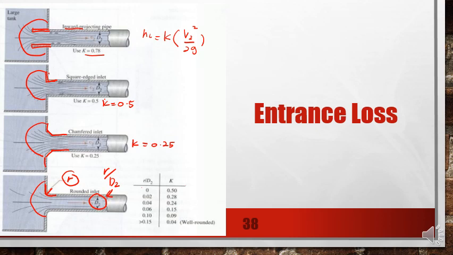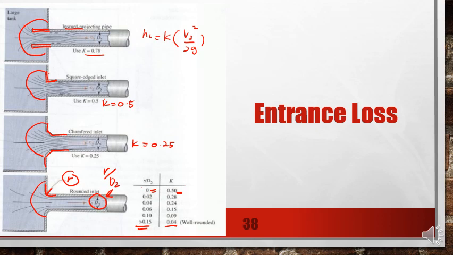If it's bigger than 0.15, we consider it as well-rounded, so the K is 0.04. If it's 0, then we consider it as 0.5.